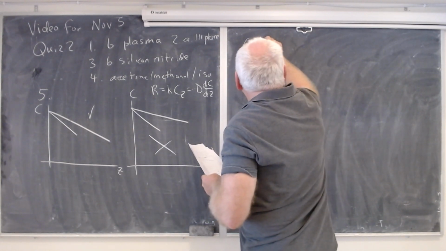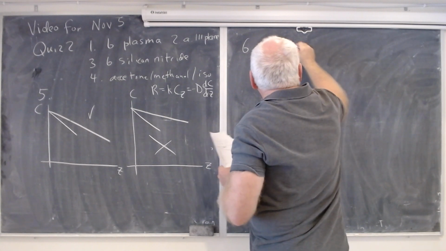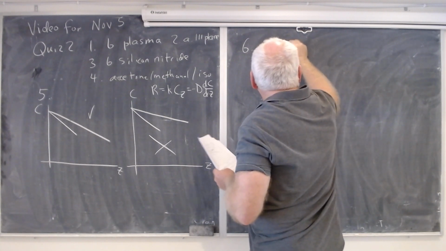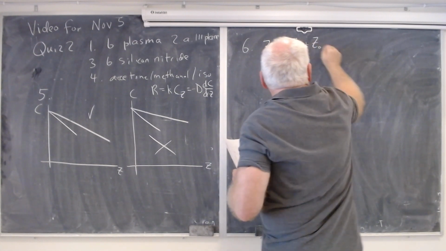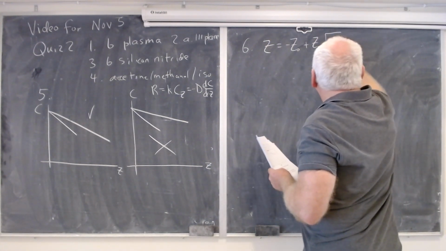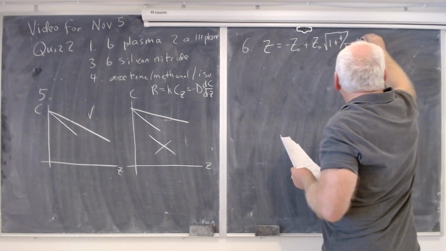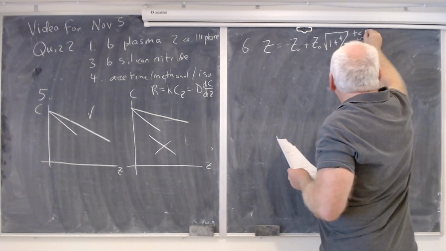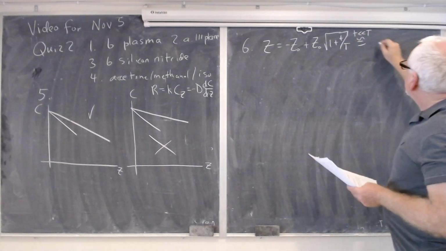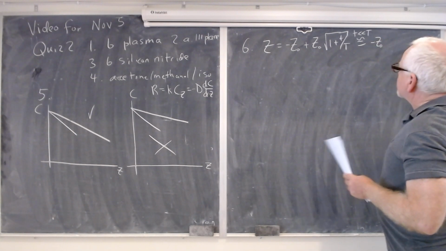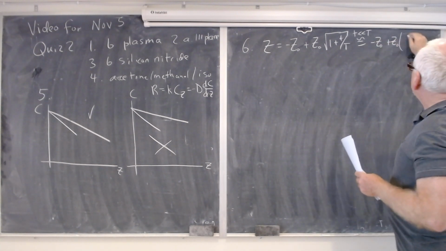And so if you use your formula for Z, Z is equal to negative Z naught plus Z naught times the square root of 1 plus t over T. Okay, and for small t, t is much less than T. This is approximately equal to negative Z naught plus Z naught, and then you use that binomial approximation.